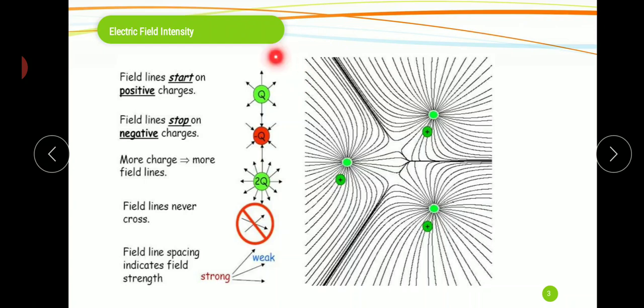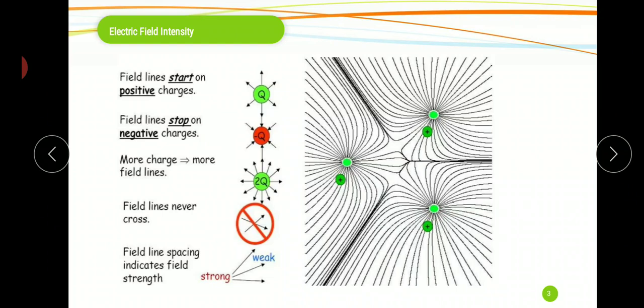When you observe this figure, the electric lines start from the charge, or in other words they move away from the charge. That is the nature of a plus Q. And for a minus Q charge, the electric field lines move towards the charge, or stop on a negative charge.